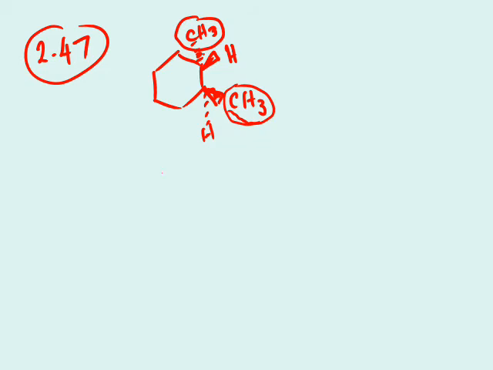So in naming this compound, I'd first write down trans. In order to be cis, both will have to be along the same direction, on the same side of the plane of the hexagonal ring. So this is going to be trans, and after trans you should write down a dash. That's conventional. Then this is a cyclic compound, so I must start numbering where these substitution groups are attached, 1 and 2 obviously. That gives you the smallest sum. So it's going to be 1,2.